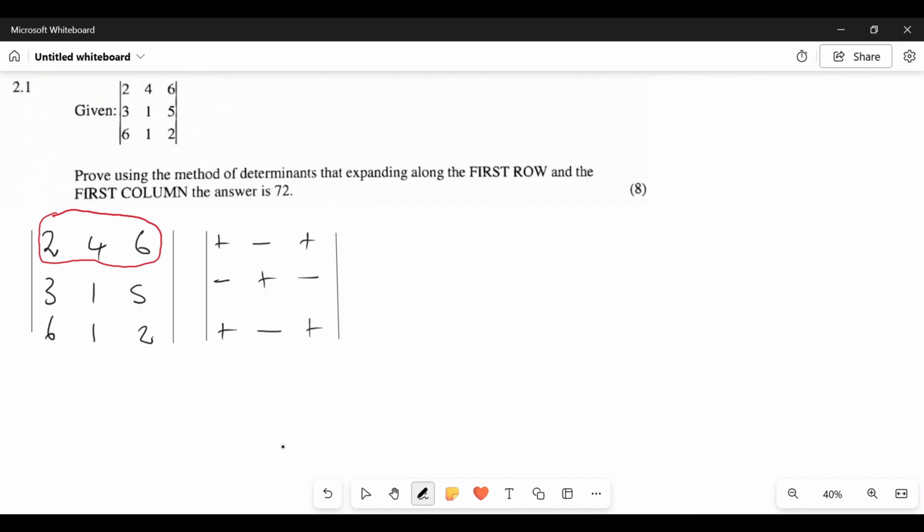When we calculate the determinant of a 3 by 3 matrix, we need to use the minor and the cofactor sign. The formula for the cofactor, guys, let me write it here. Cofactor is minor multiplied by the sign. Then that's your cofactor. So let's do it.